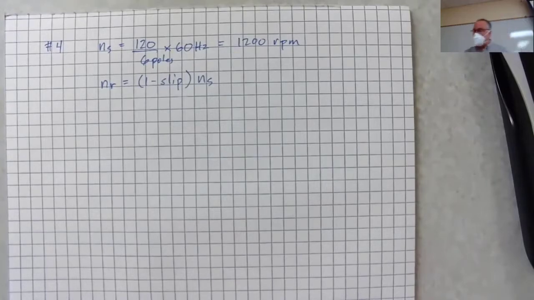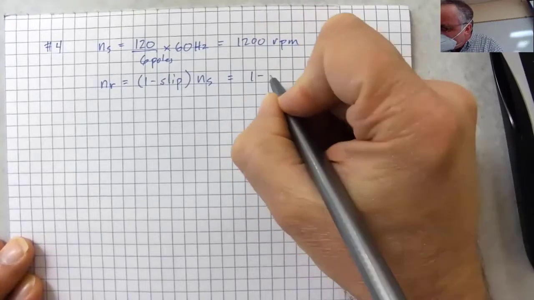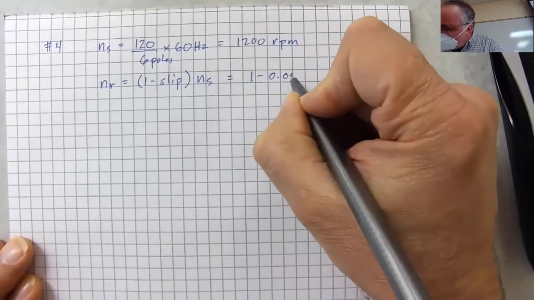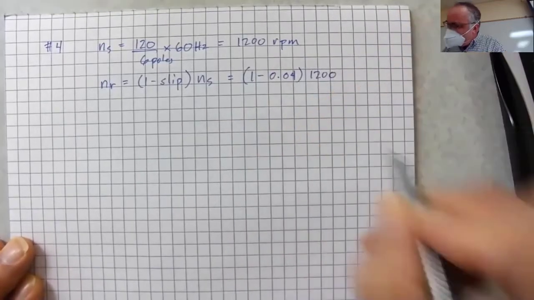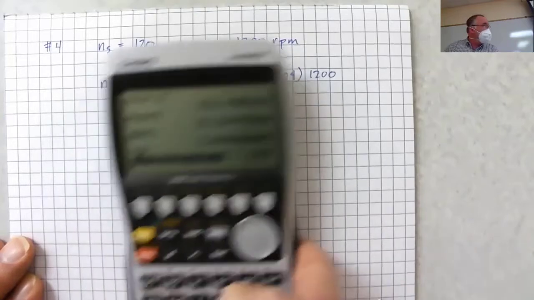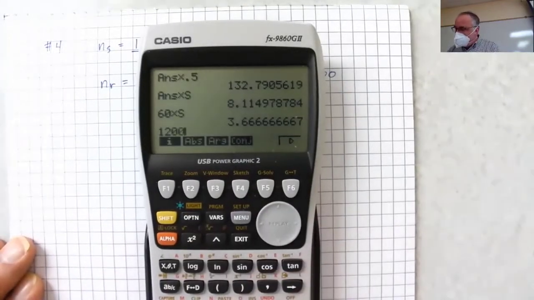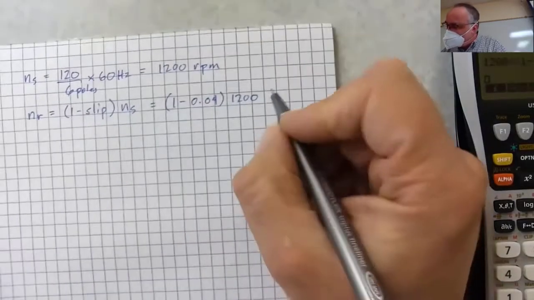So 1 minus 4%, which is 0.04, times 1200. So 1200 times (1 minus 0.04) is 1152.